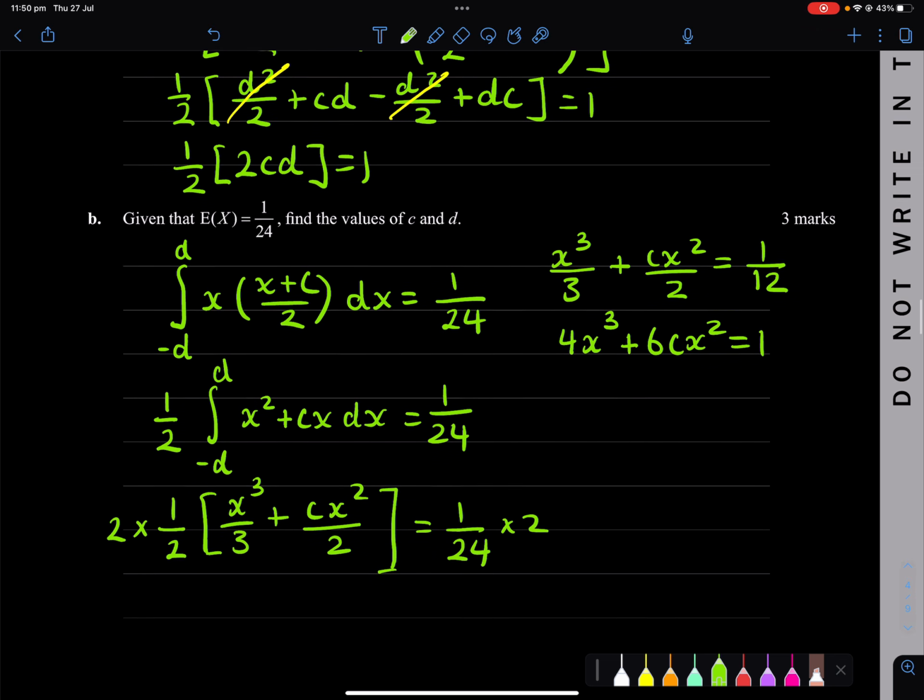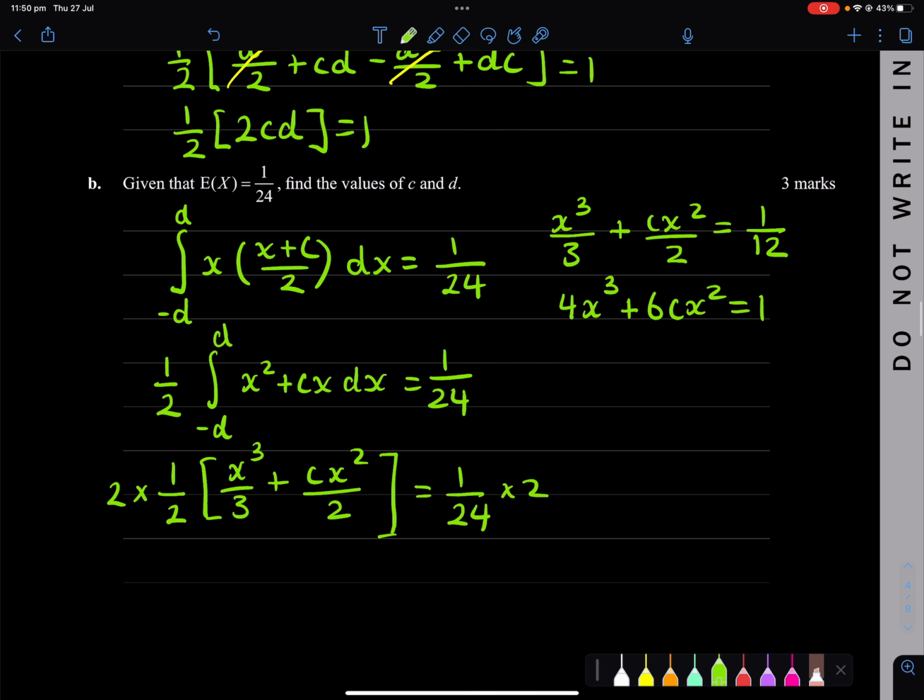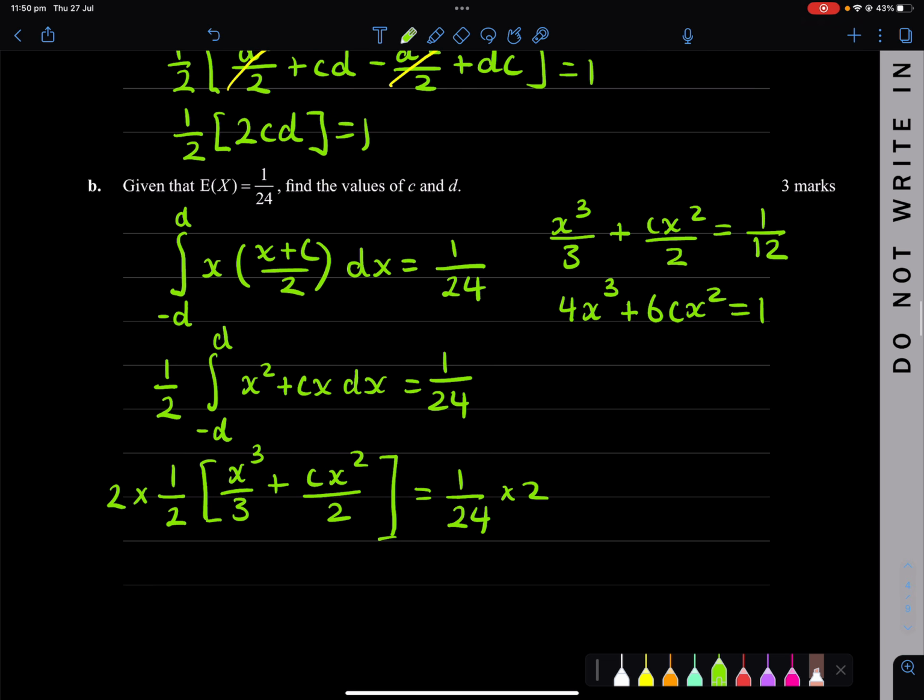Okay, have we done anything wrong here? What is this? Have I done something wrong here? Wait, so expected value, negative d to d. If I took that x, and I can multiply half, x squared plus cx dx equals half. And I've taken x cubed over 3 plus cx squared over 2, put half. Took rid of the half by 2.